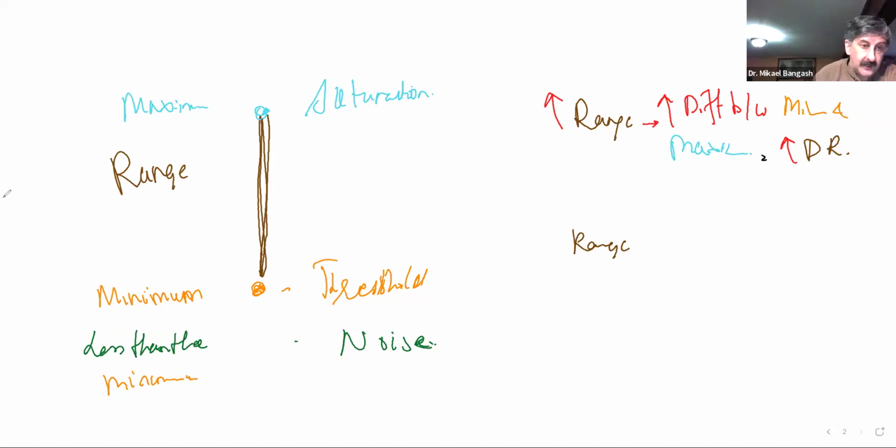Whereas on the opposite side, if we had a lower range, well, that means that there actually was a lesser difference between the minimum value, which we call threshold, and the maximum, which is going to be your saturation.